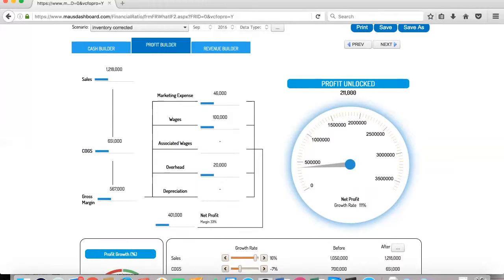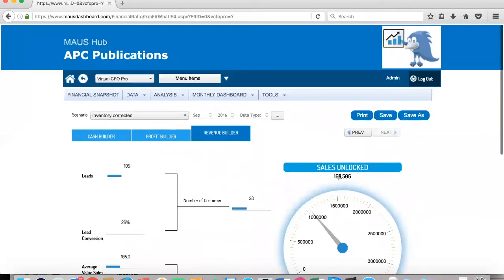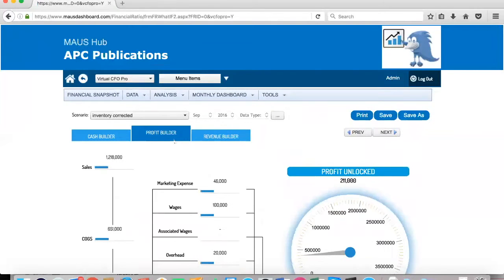So all this, all in all, we unlocked cash of 154,000. We generated more revenue of 165,000, and in turn that meant that we were able to increase our profit in total by 211,000.